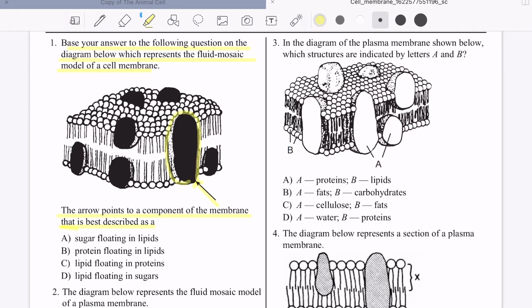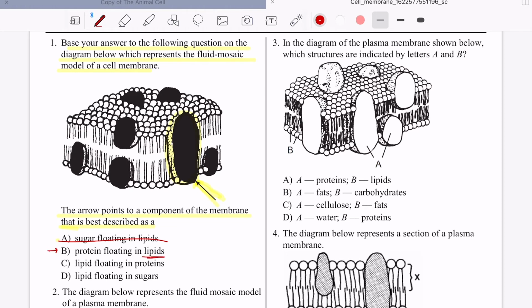We said these were protein channels. So the arrow is pointing to the protein channel. Is it a sugar floating in lipid? No, it's not. Let me change this to my red pen. It's not sugar.